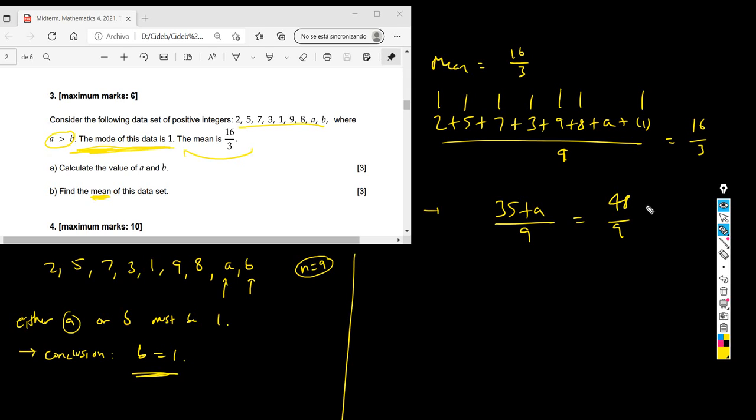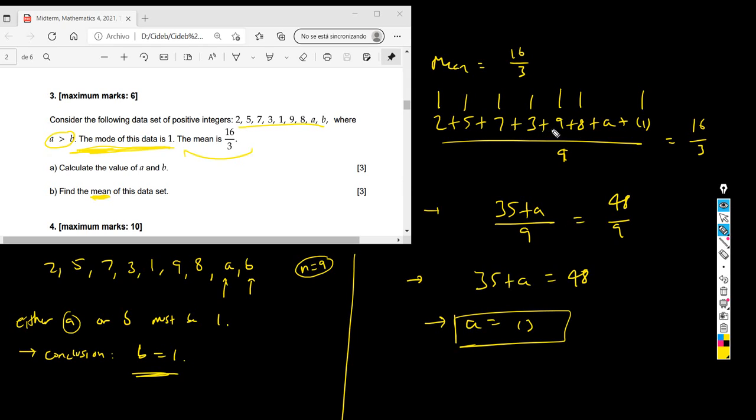3 times 3 is 9. 16 times 3 is 48. Yes. And therefore, 35 plus A is 48, and therefore A equals 13. I hope I'm not making a mistake.